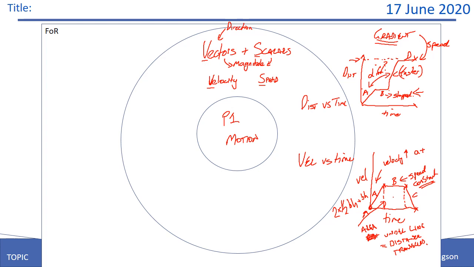You can add them up and find the total distance mathematically, or you can sit there counting squares. Personally, I'd like to do it mathematically, quickly and accurately. But that is the main difference, guys, between a distance versus time and a velocity versus time graph.